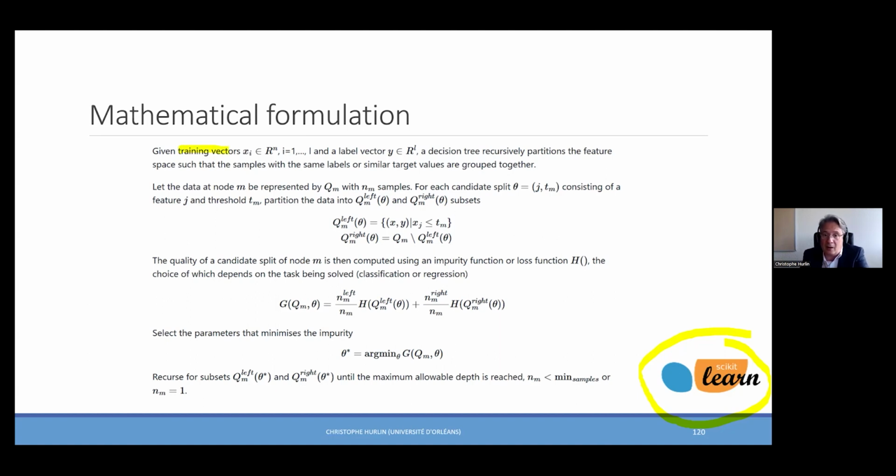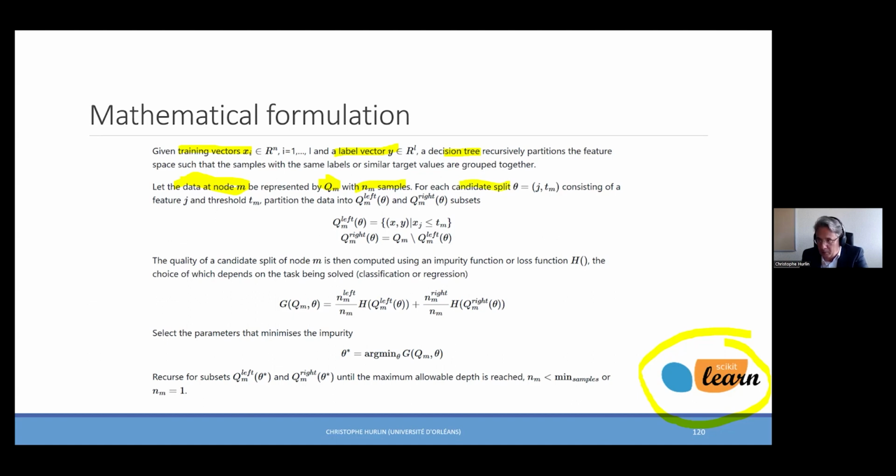So we have a training vector, X, a label vector, Y, and we compute a decision tree. Let the data at the node M, represented by QM with NM samples, for each candidate split. What is a candidate split?